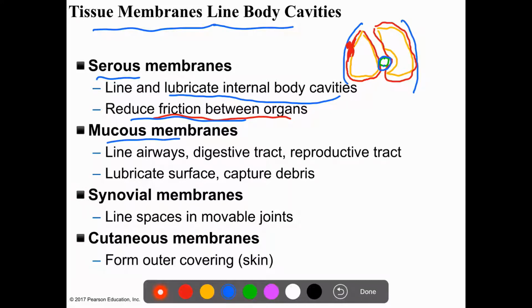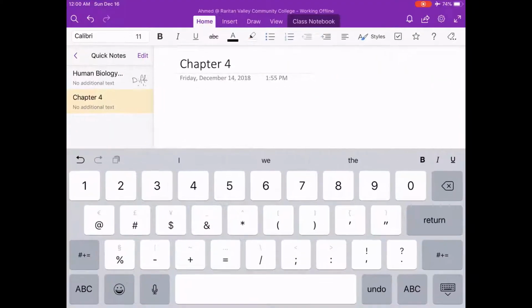Then we have the mucous membranes. These line the airways, digestive tract, and reproductive tract. They lubricate surfaces and capture debris. Think of the mucous membrane as lining our body from inside. For example, this is the mouth. Let me draw it here.